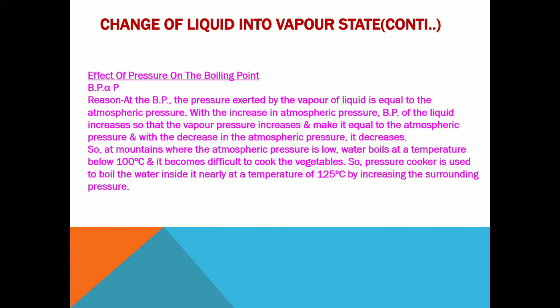When we use a pressure cooker, we increase the pressure of the vapor, and that increases the boiling point of the water, which helps to cook the vegetables better. The boiling point becomes 125 degrees centigrade in a pressure cooker.